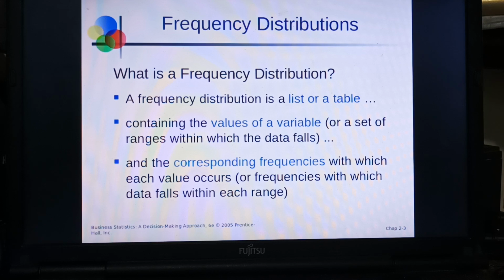Now, let's start with frequency distribution. What is it? A frequency distribution is a list or a table, listahan, or table, matrix, containing the values of a variable or a set of ranges within which the data belongs or falls, and the corresponding frequencies with which each value occurs, or frequencies with which data falls within each range.